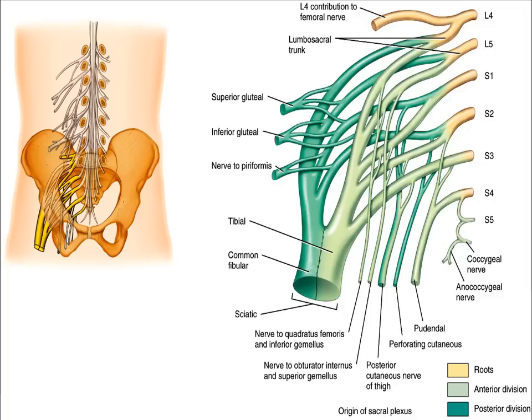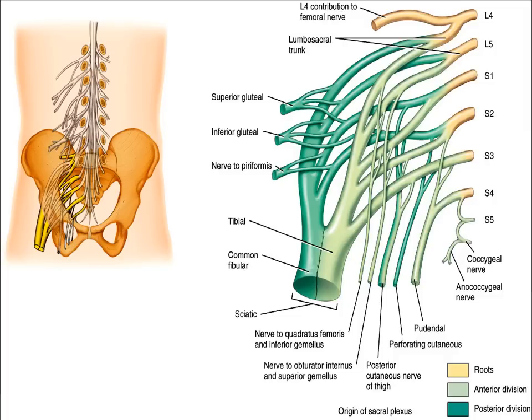Now, the nerve roots from L4, L5, S1, S2 all come out and divide into anterior and posterior divisions. So we're seeing now a recurring theme taking place with nerve roots coming out and then commonly dividing into both anterior and posterior divisions.